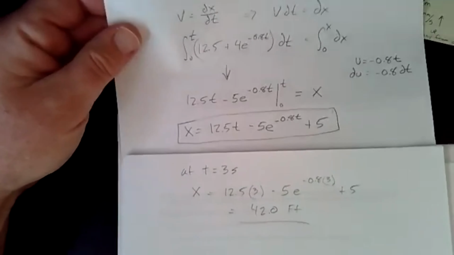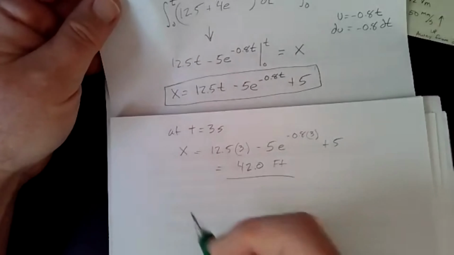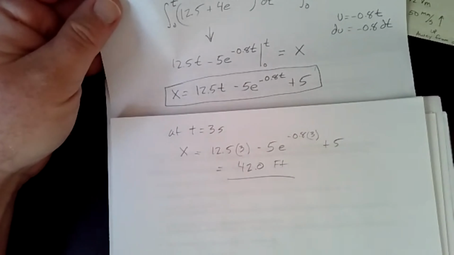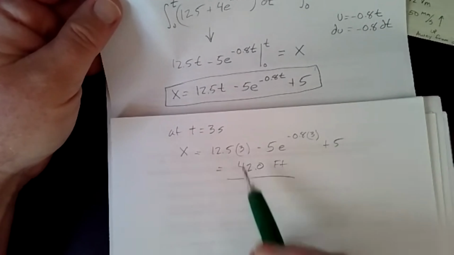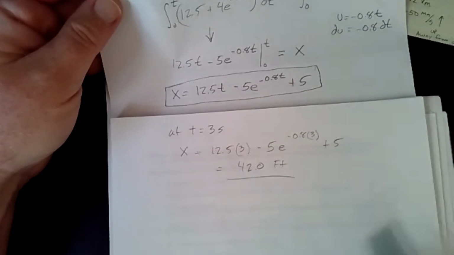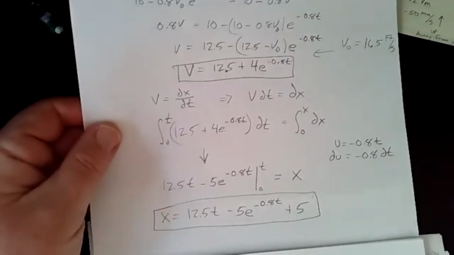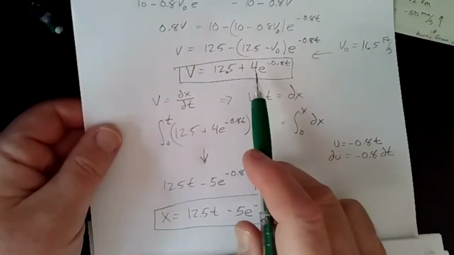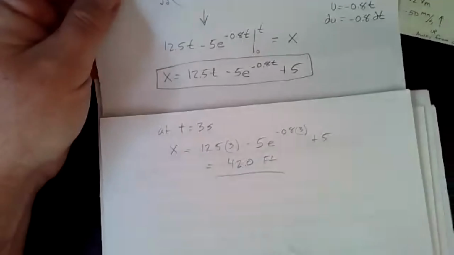All right. And then for velocity, we want to know what is the velocity at the time of impact. Well, we know the time of impact is 3 seconds, right? It takes 3 seconds to get there. So we can pull in this equation here. I'm going to rewrite that.